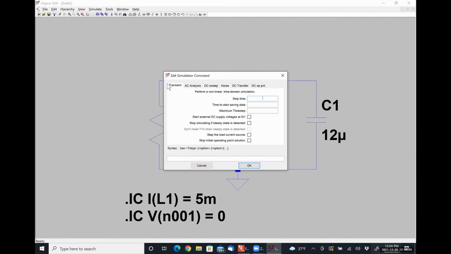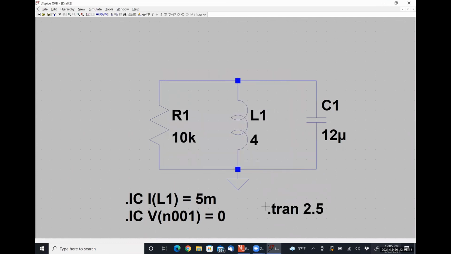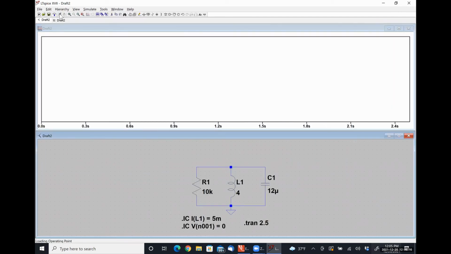If I make this 10 times as long, 60/25, so let's call it 2.5 seconds. We're giving it plenty of time to see what's going on there. And just drop this guy down here and run my simulation.